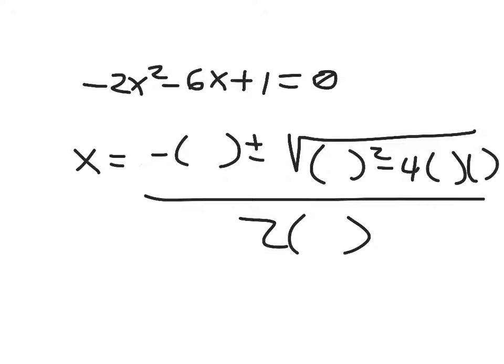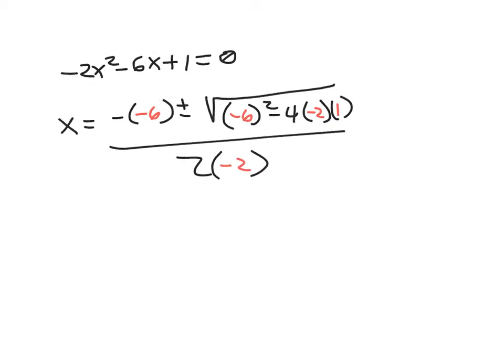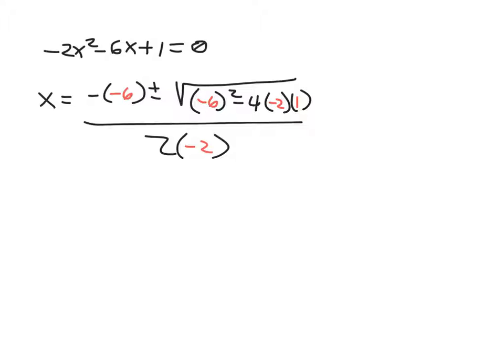Okay, filling it in. What belongs here? Well, that would be -6, -6, -2, and 1. And then we got a -2 right there. And working it out right here, let's see, x would equal +6, right? Because -6, thank God for the parentheses, plus minus 36.